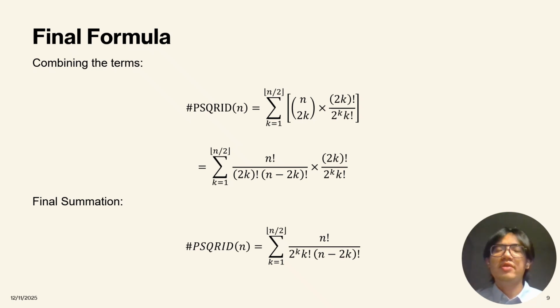The formula reads as the summation of n factorial divided by 2 to the power of k times k factorial times n minus 2k factorial. This formula allows us to calculate the count directly without listing every matrix.